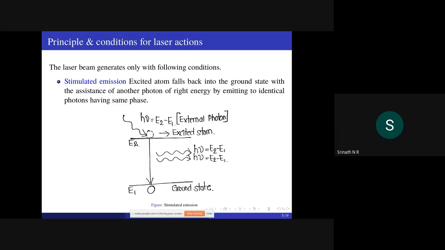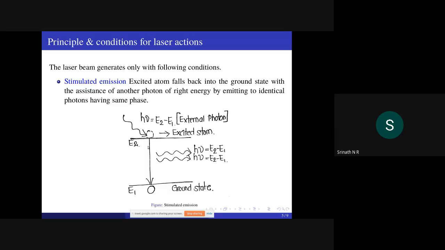That means the excited atom falls back into the ground state with the assistance of another photon of right energy, emitting two identical photons with the same phase. This is what we call stimulated emission.